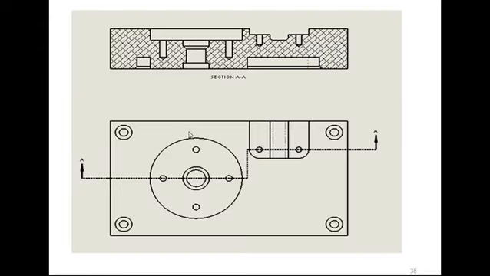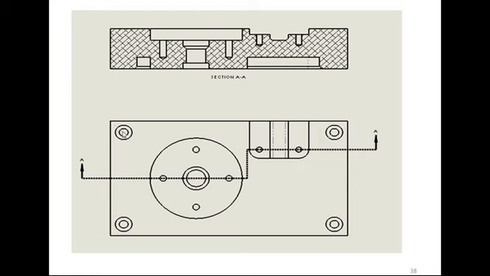One more example of offset section view. These holes are offset, they are not in one line. So we'll take a bending cutting plane, bent at this level. We'll remove the remaining portion, and then we will draw this.